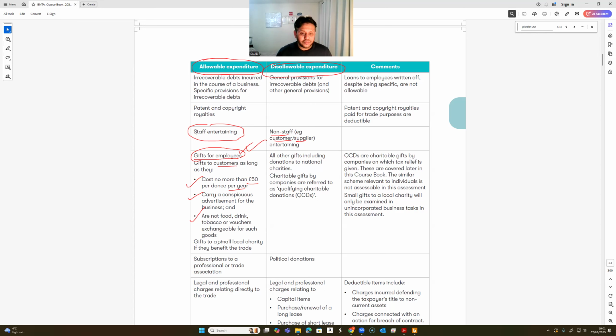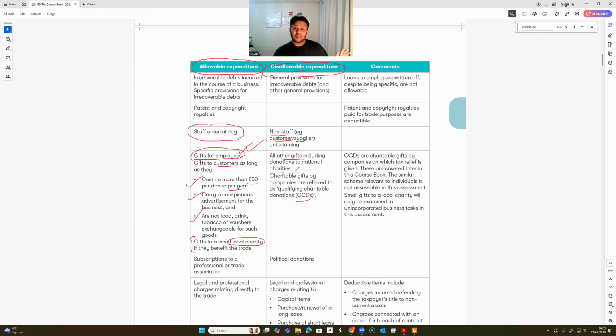On the other hand, a gift to a small local charity is allowable if they benefit the trade. Now, local charity is very important. In the exam, they will tell you about a gift or donation to the national charity. Remember that the national charity is not allowable. All other gifts are disallowable, including donations to national charity and the QCD.